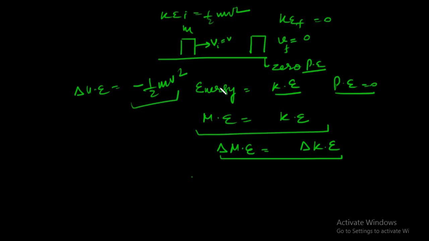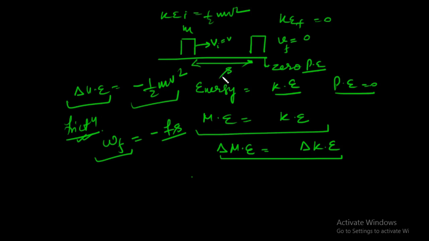But what has made the block come to rest? It is friction. So the change in kinetic energy actually is the work done by friction, because the block has essentially come to rest due to friction. So work done by friction was minus F times S. This S is the distance, whatever it may be.